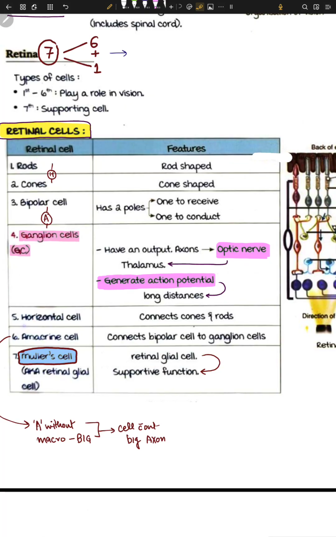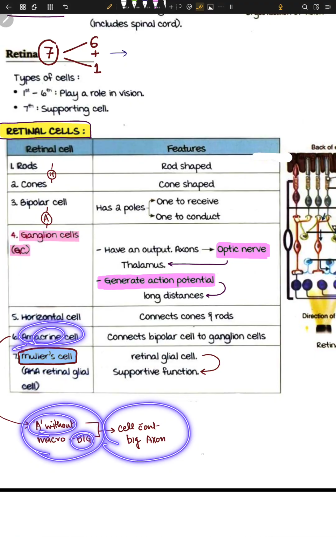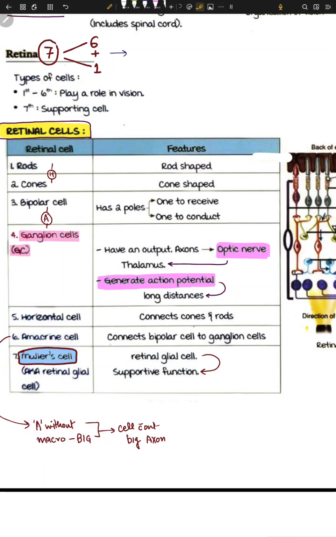So first of all, let's talk about amacrine. The word amacrine means, a means without, macro means big. So a cell without a big axon is called an amacrine cell. This connects bipolar to ganglion here. Horizontal connects rods to cones here. What about Muller? Muller is just a supporting cell.